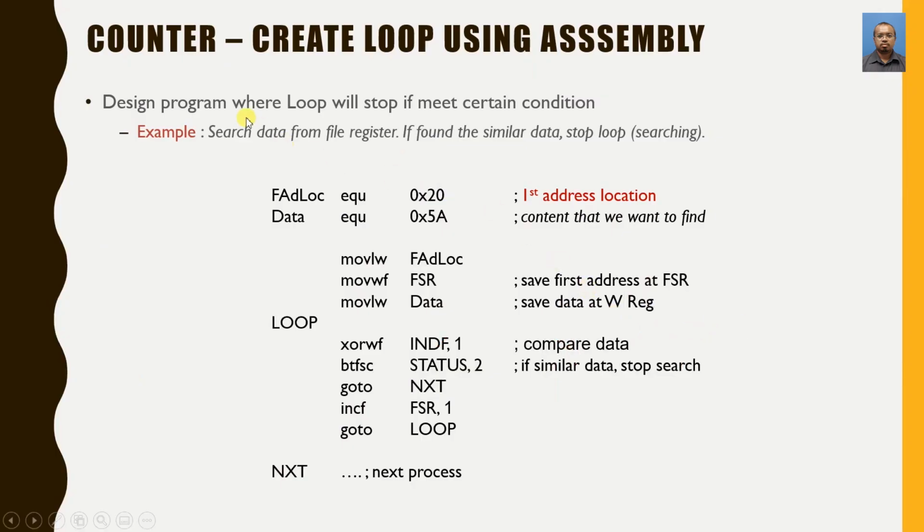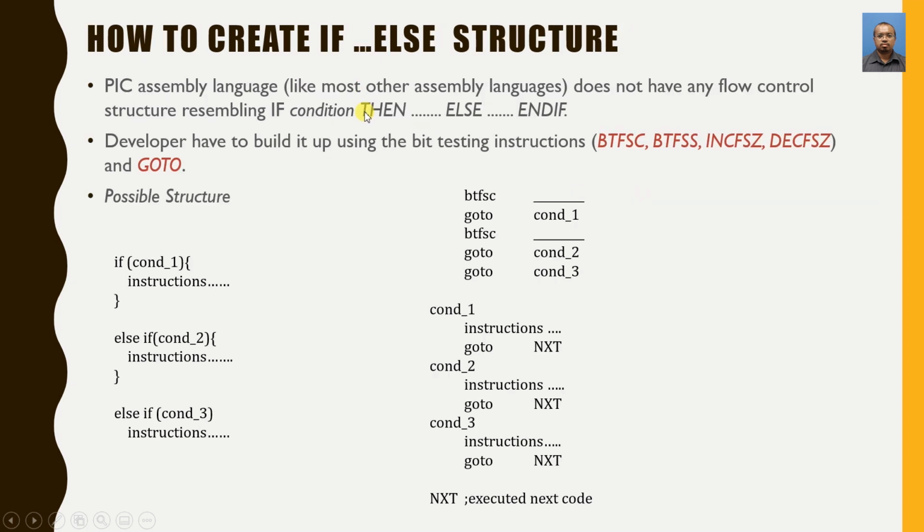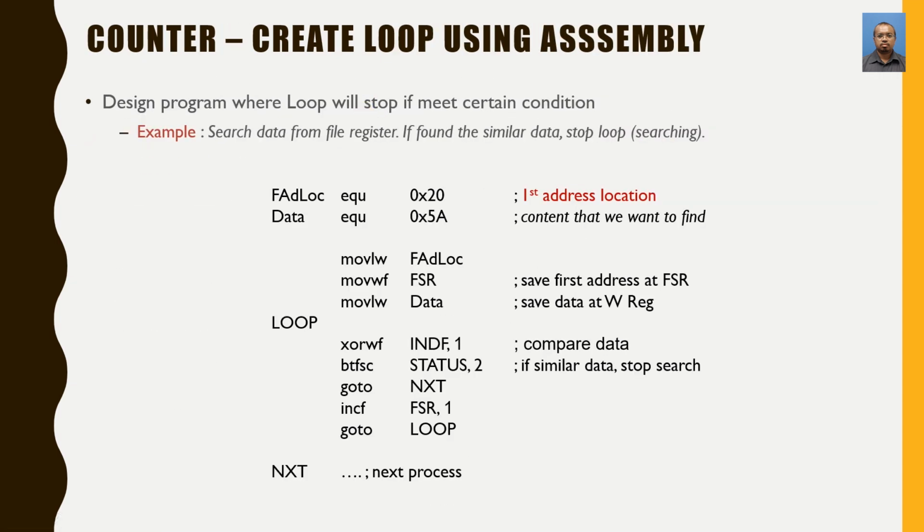Right, creating a loop using assembly, using a counter. I think we have covered this partially previously, right? But I'm still going to cover this in this video, so that I can give you a better overview of how to do programming using assembly language.